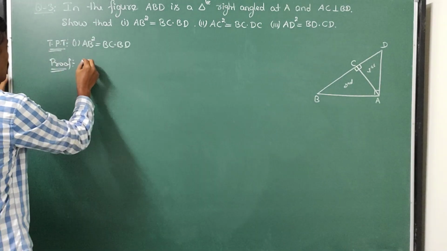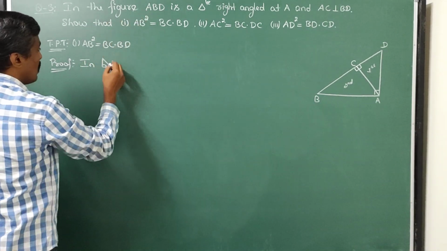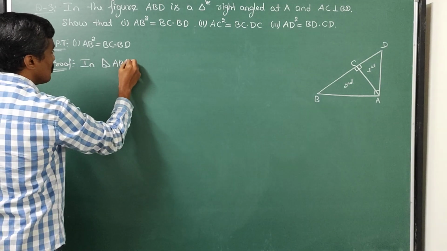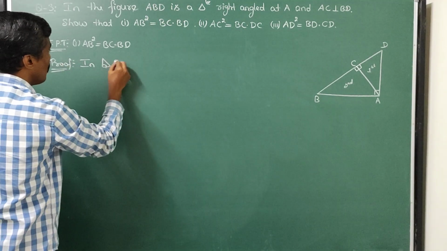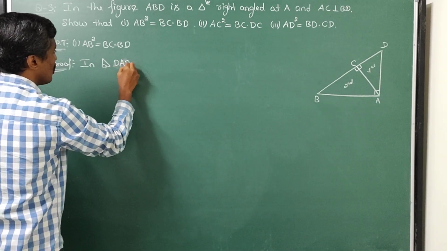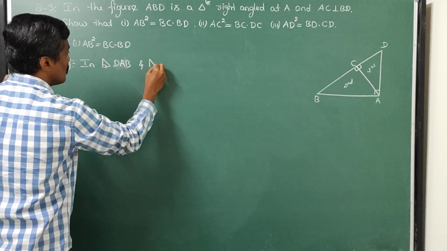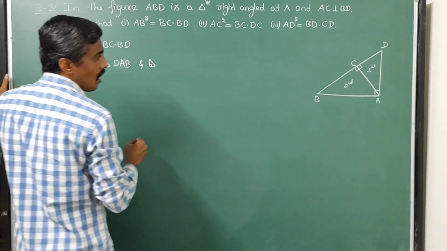So I'll take the original triangle ABD, we start from the top, DAB, and the second part CAB.